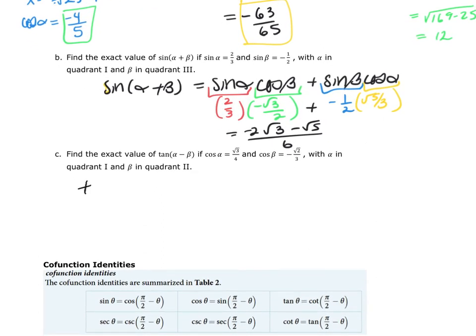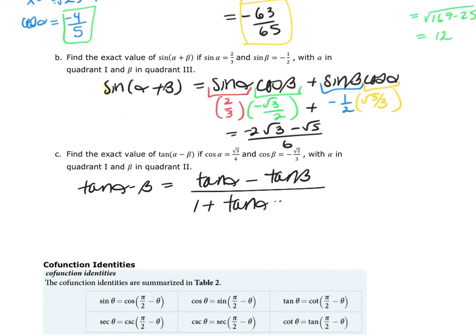You're going to have the tangent of alpha minus beta is going to be the tangent of alpha minus the tangent of beta over 1 plus the tangent of alpha, the tangent of beta. Again, finding your alpha and beta as you did before.